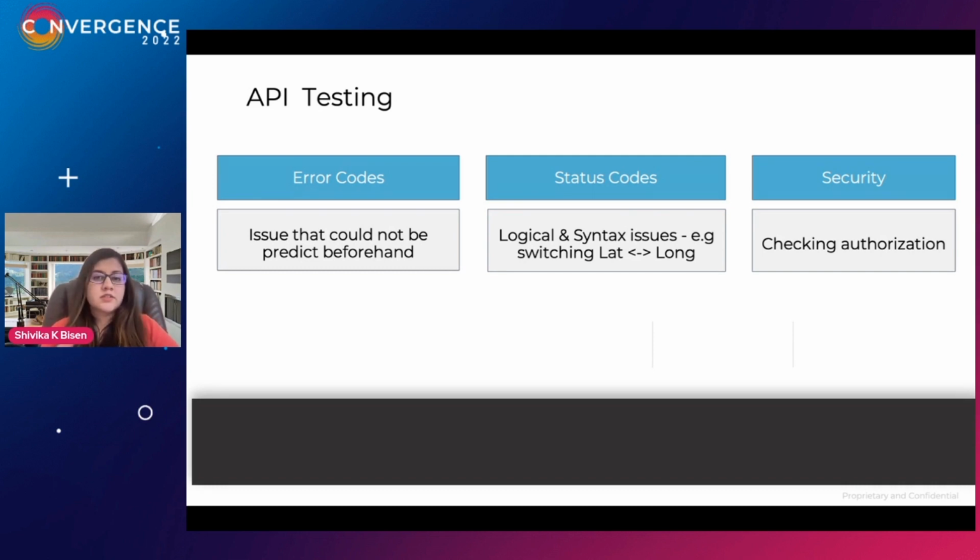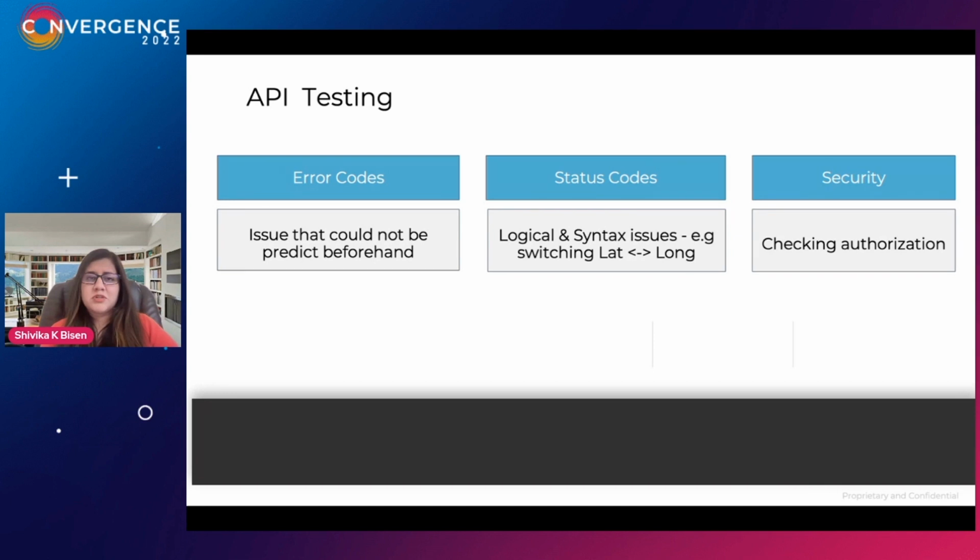And then there is status code. A very good example I can give is, for example, we deal with a lot of shipment data, right? So we have latitude and longitude coordinates. If you test their data type, it would be the same, like latitude will have the same data type as longitude.